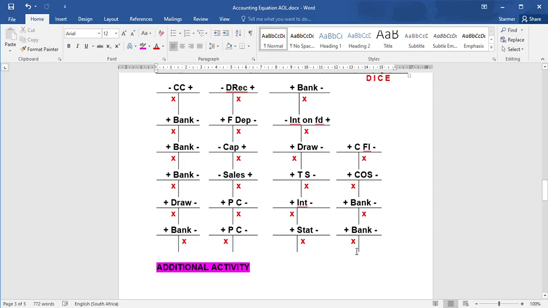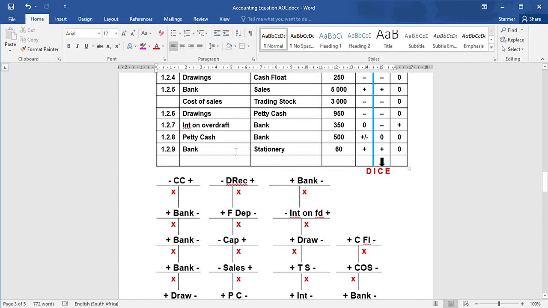So bank has the X on the debit side, stationery is the X on the credit side. Bank is an asset going up. Stationery is an expense, but your expense is decreasing here. It's on the credit side. So that will put a plus under O. The lower your expenses, the higher the worth of the business.